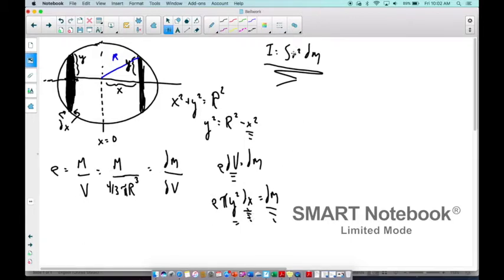The problem with this approach is, what is this little r value here? I've fleshed out my dm, right? My dm is going to be rho pi, and we've said already that y squared is R squared minus x squared, times dx. So that's what dm is. I have x and dx, but my r value is what? Here's where you're going to make a mistake, and here's where this whole thing falls apart.